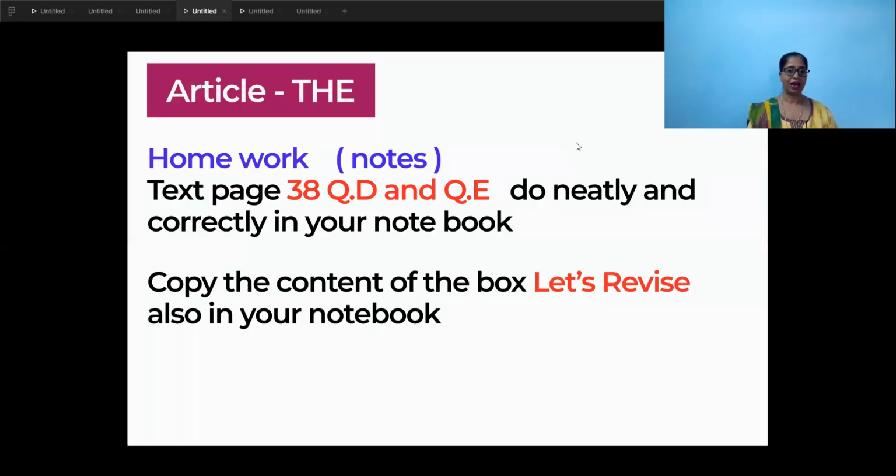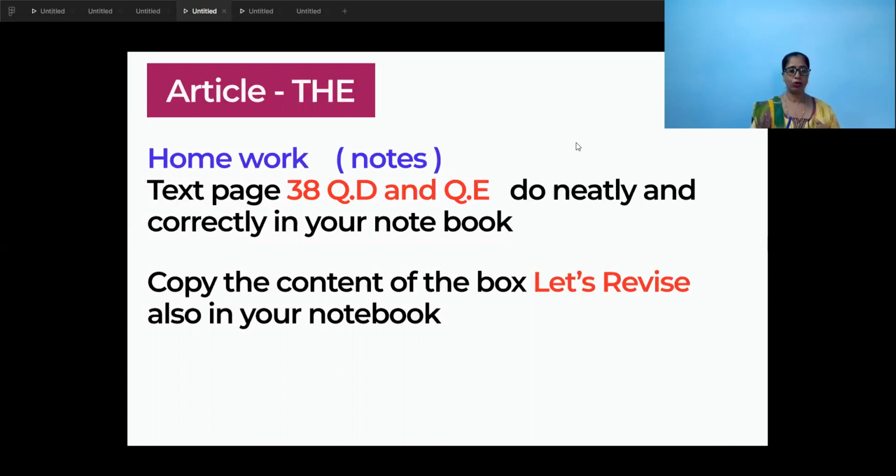And now we have a homework for you. And what is the homework that you have to do? In the notebook, text page 38, you have question D and question E. You will do those blanks neatly and correctly in your notebook.